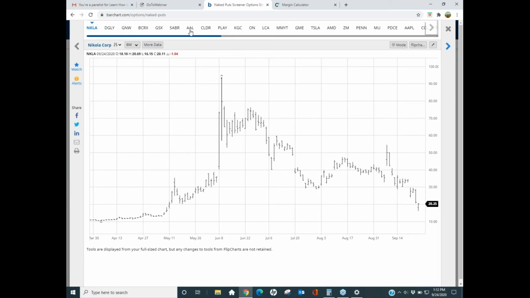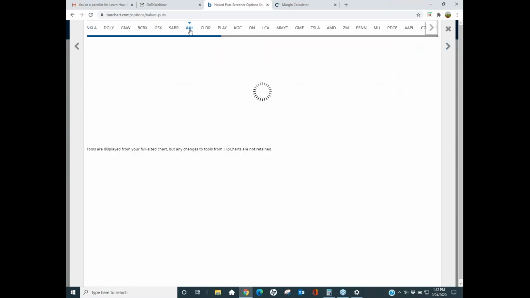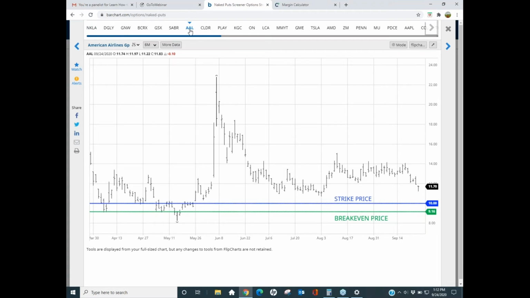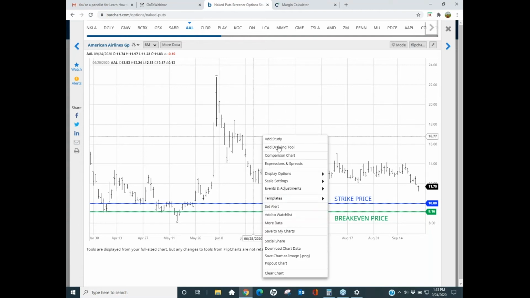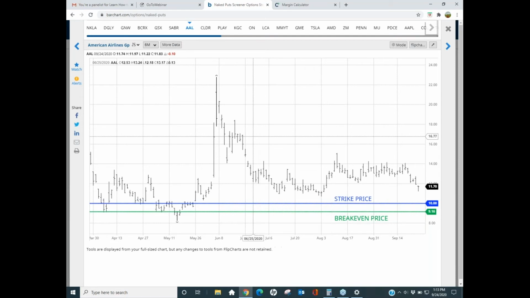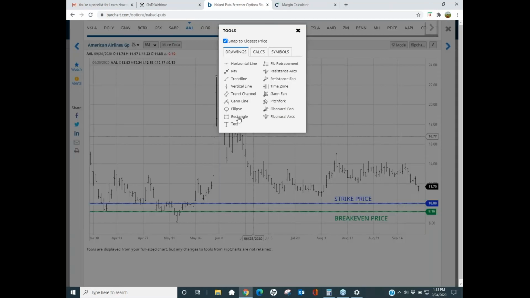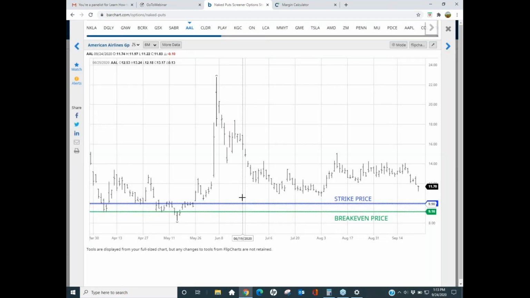So here's American Airlines up here, and I prepped this earlier this morning. I look at my strike and my break even here, and I say to myself, first of all, what's my trend? Well, in this market, I think we could make a very strong case for a market that is in sideways action, right?